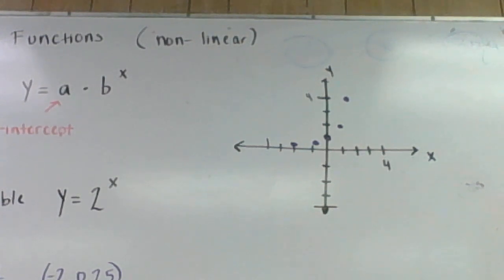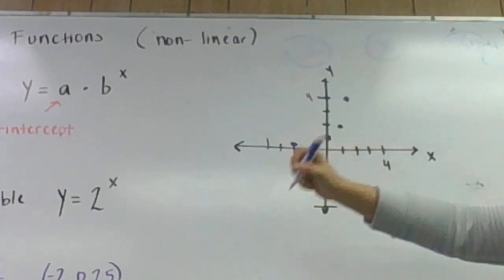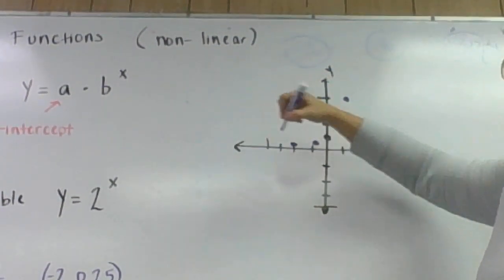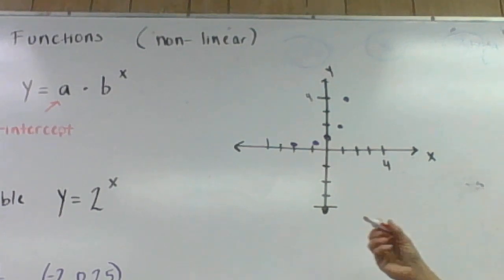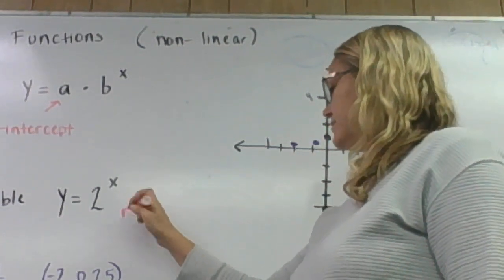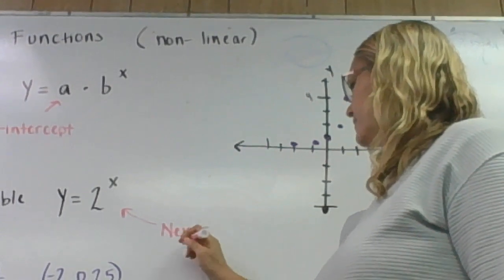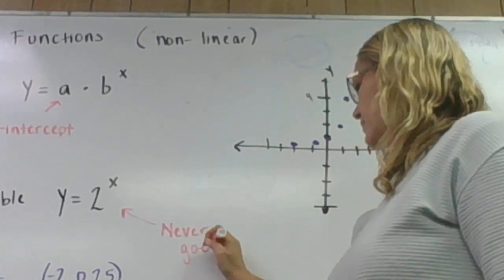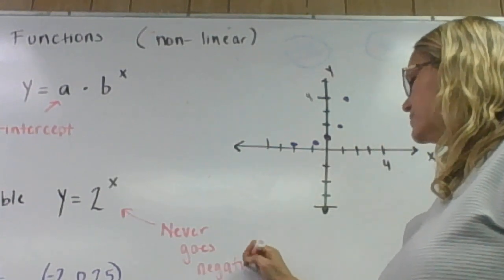So you can see the curve. That's what I like about it. When you go to connect your dots, you don't randomly do it. To be honest with you, this graph is kind of weird. It never goes below 0. Some of them do, but this particular one never goes negative.